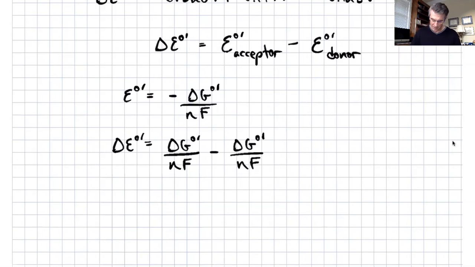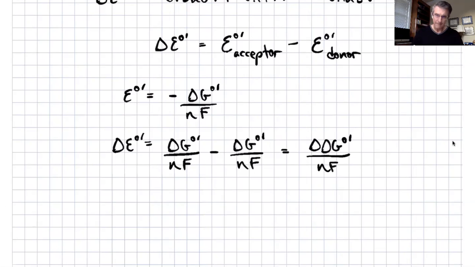Because if that's the case, the standard state reduction potential difference is simply equal to the delta delta G naught prime divided by nF in this expression. But we don't have to think about those delta delta G's.